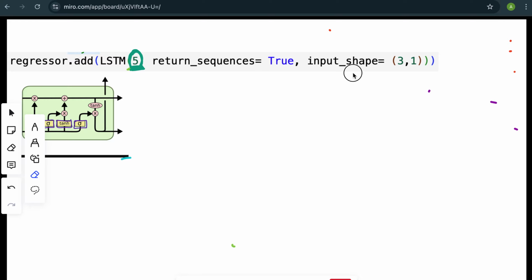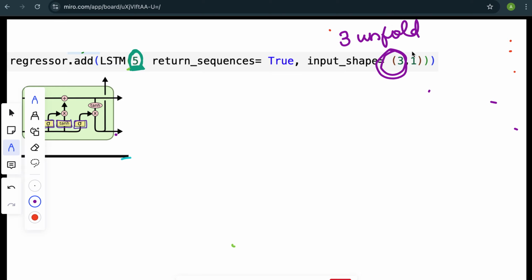This is our input shape. My RNN will unfold 3 times, and the number of features is 1. And there are 5 nodes in the LSTM.